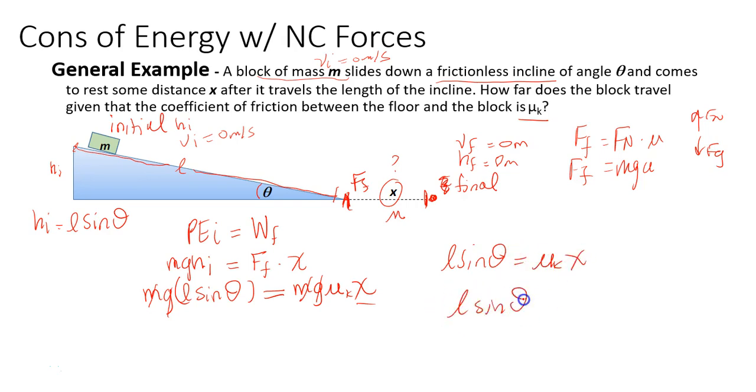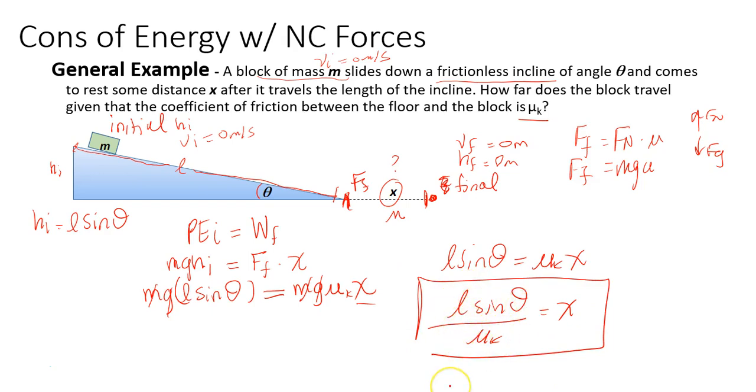L sine of the angle over mu k is equal to x, just like that. So how far it goes depends on how high you started and the impact of friction. So that's another way you can solve a problem like this, assuming that they gave you L in this case. Let's do one more.